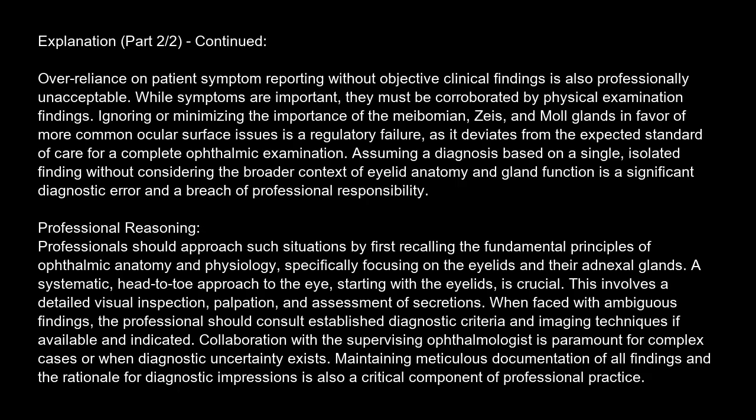When faced with ambiguous findings, the professional should consult established diagnostic criteria and imaging techniques if available and indicated. Collaboration with the supervising ophthalmologist is paramount for complex cases or when diagnostic uncertainty exists. Maintaining meticulous documentation of all findings and the rationale for diagnostic impressions is also a critical component of professional practice.